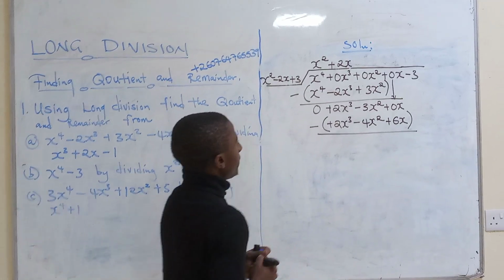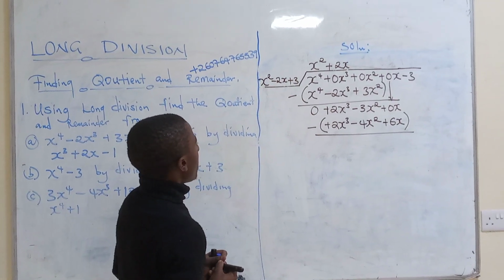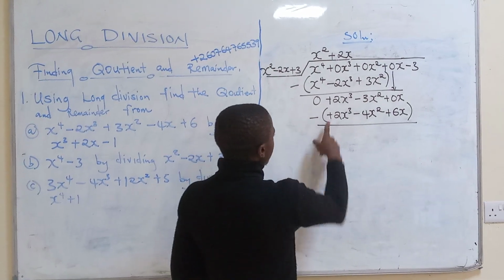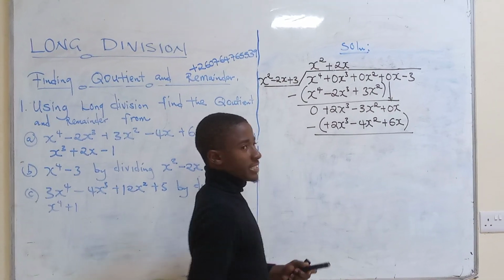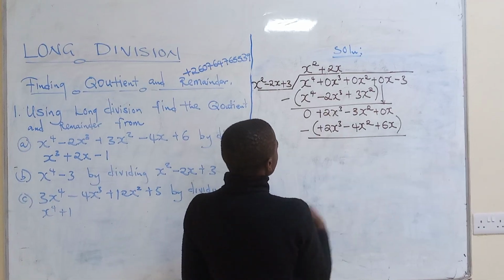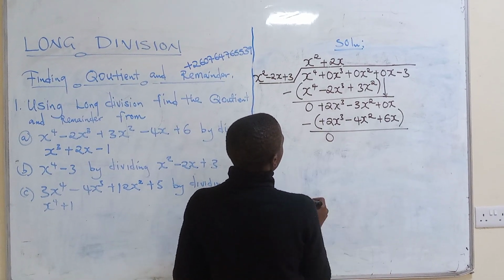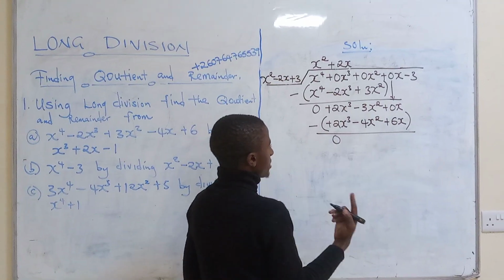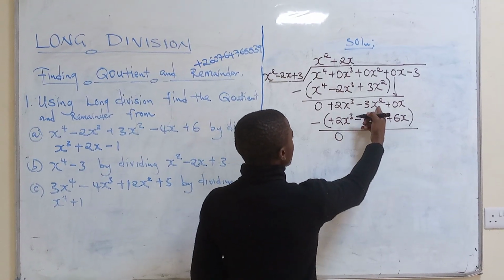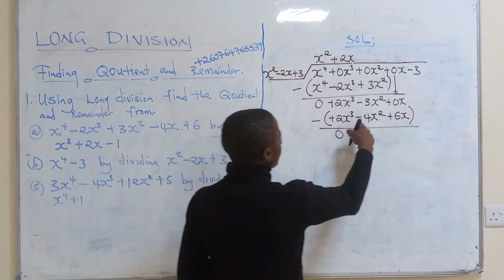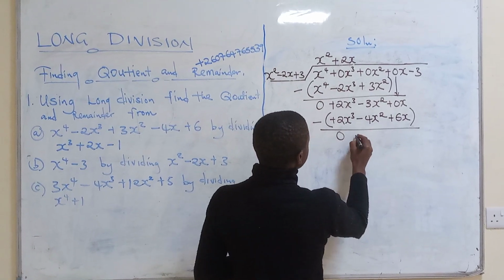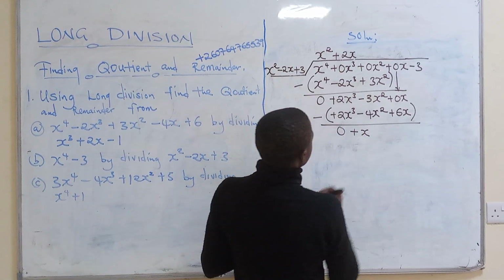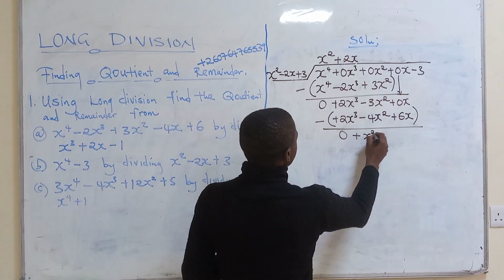From here, what you are going to do now is to add. Negative times positive, that is negative. So we are going to get 0. Negative and negative is positive. Negative 3x squared plus 4x squared, you are going to get positive x squared.